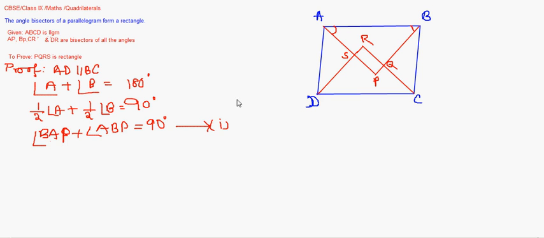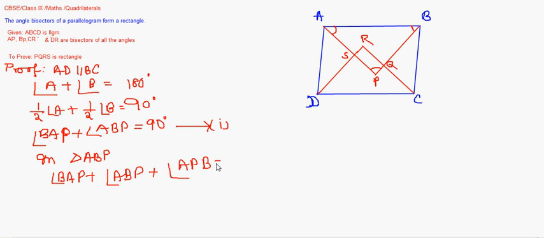Now in triangle ABP, this angle which I had marked as angle BAP plus angle ABP plus angle APB makes a triangle, so that is equal to 180 degrees, right?